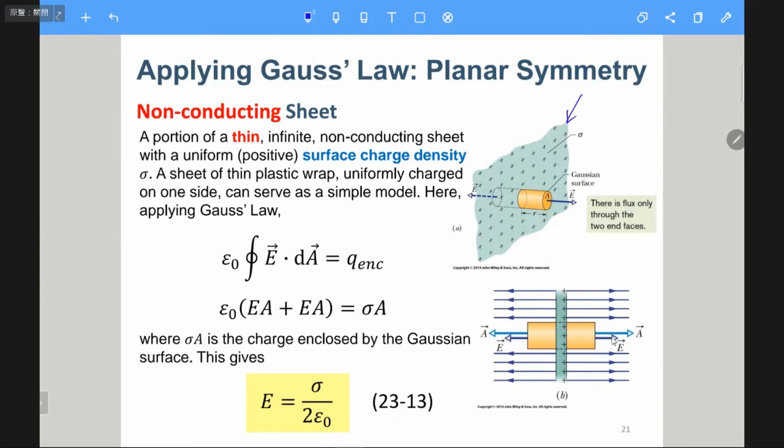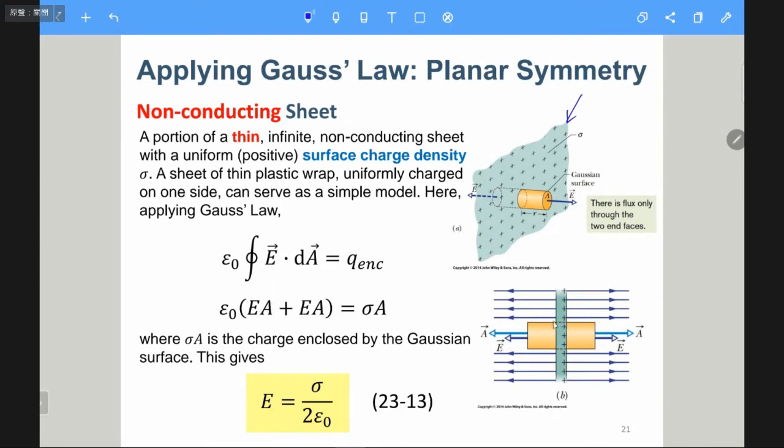So we have E times A plus E times A for the total flux. Due to symmetry, E is uniform for this plane and also this plane. So we have 2EA for the total flux.